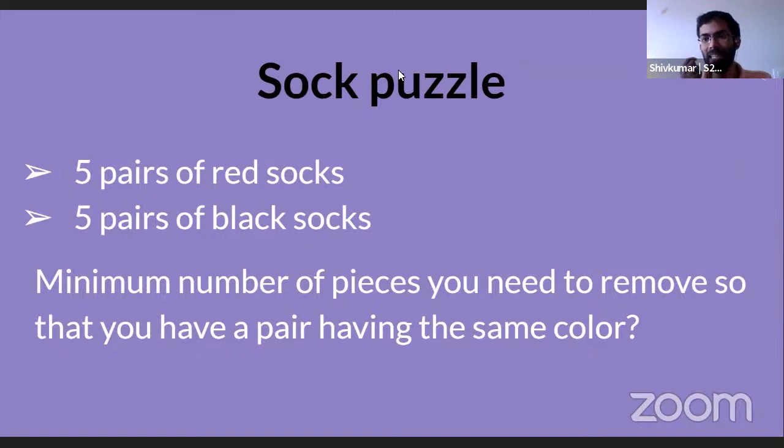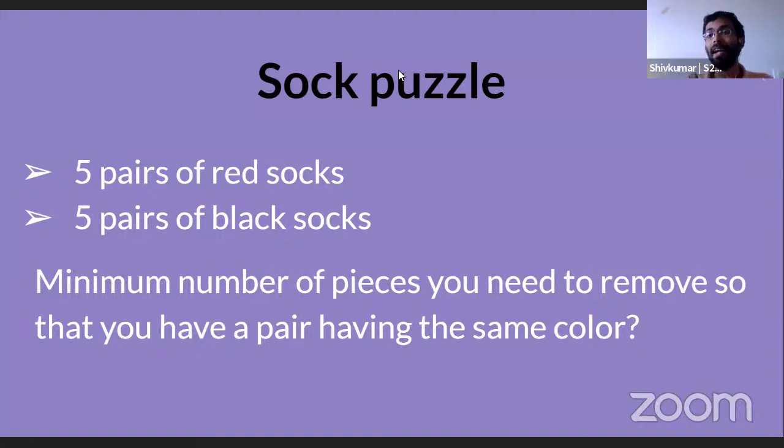Divya, can you unmute and say why you feel it to be 11? Or you can put it in chat, whichever is convenient for you. One initial approach that one would be tempted to take is, exactly.